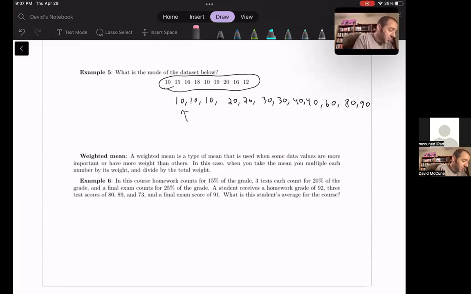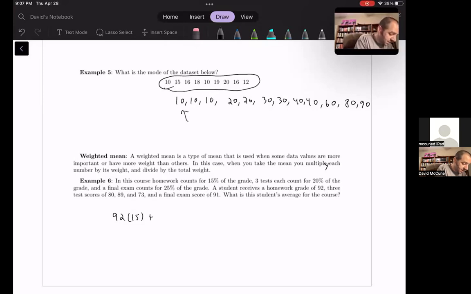Okay, so when you take a weighted mean, what you do is you multiply each number by its weight and then divide by the total weight in the system. So in an example like 6, what you do is say, okay, the student has a homework grade of 92, and that has a weight of 15%. So I'll just multiply by its weight of 15.